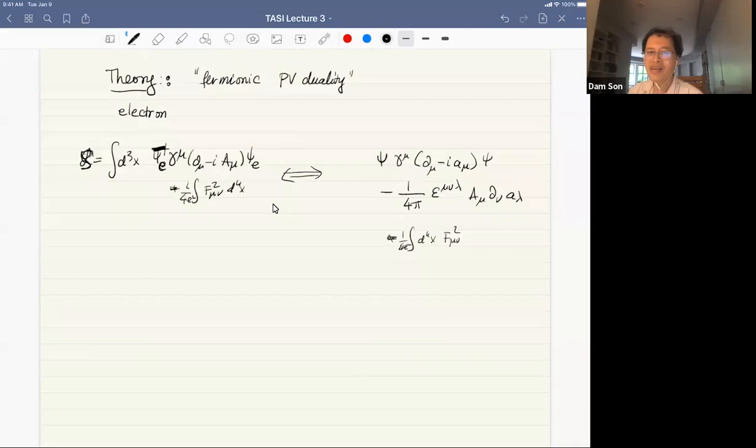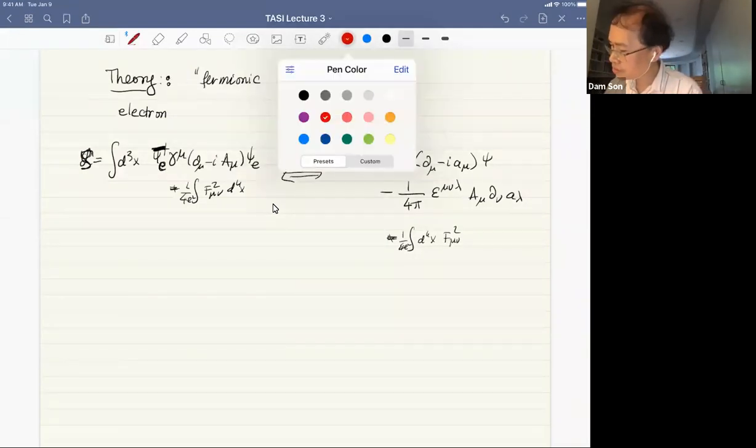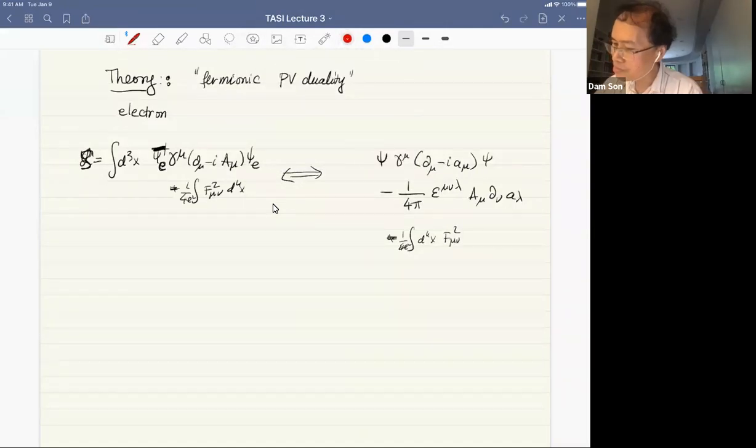You see the form of the duality is almost exactly the same as the form of duality in the scalar case, except for one thing that is different, which is the coefficient. This coefficient here, in the bosonic case, used to be 1/2 pi.